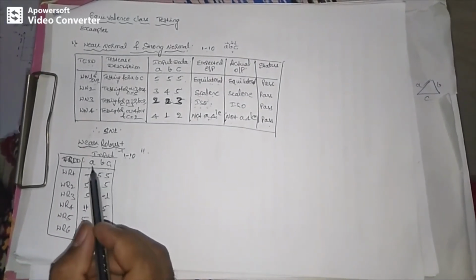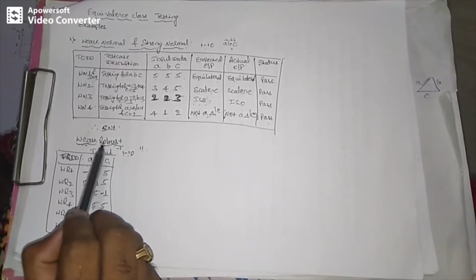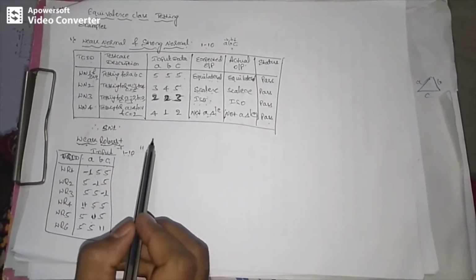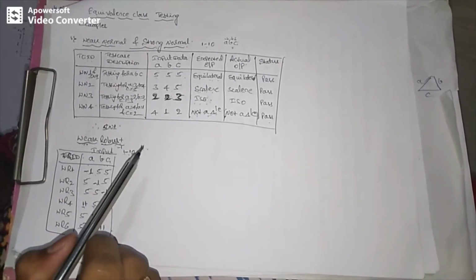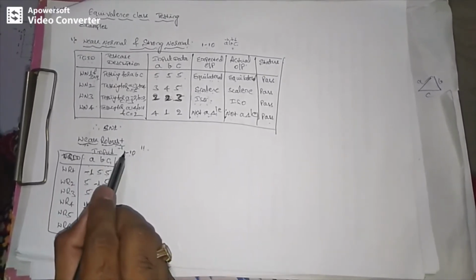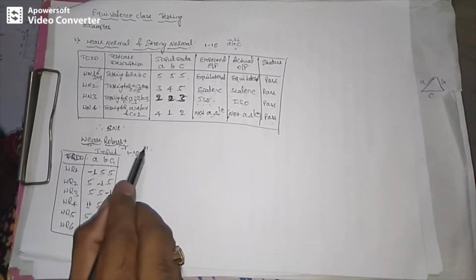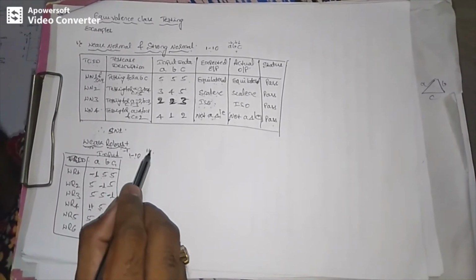I think all of you understood how to write the weak robust test case. Weak robust: robust indicates invalid input, weak indicates single fault assumption. So here single fault assumption means we need to cover both invalid inputs, one is minimum minus and the next one is maximum plus.